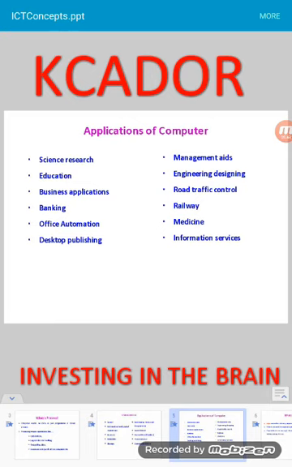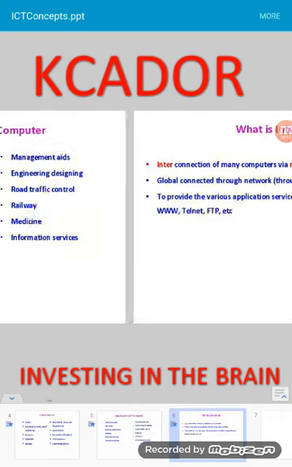The computer can help you to research, to teach in education, to do business. Even in the bank, some people today don't go to the bank. They just bank their money, they withdraw their money using their mobile phones, using their laptops. You're doing that online. Desktop publishing, you can do a lot of engineering designs using the laptop and many others.